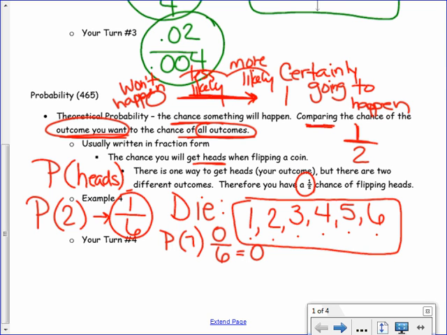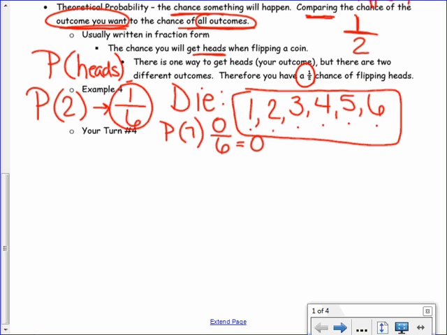Okay, so if we move down to your turn 4, we're going to talk about a deck of cards. A deck of cards has 52 cards. And your turn 4 talks about selecting 2 cards from a standard deck of cards. Selecting a 2. Well, there's a 2 in every suit.